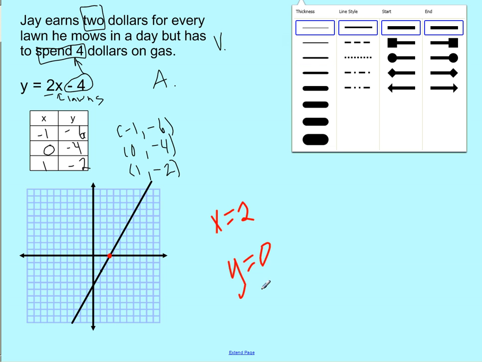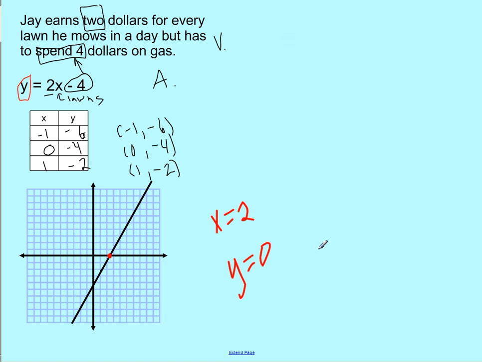Well, it matters because if y here represents how much money Jay earns, this tells me that he has to mow at least 2 lawns before he breaks even for the day, before he ends up with zero as far as the money that he earns. And you can see as he mows more lawns, the amount of money he makes gets even higher.